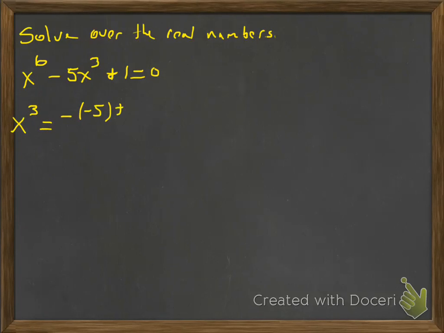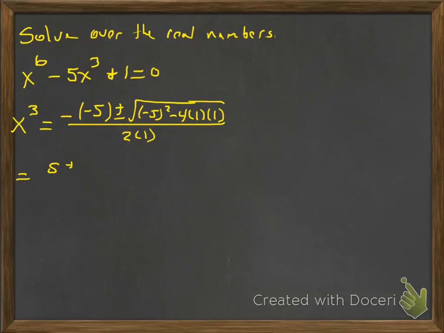-5 plus or minus the square root of -5 squared minus 4 times 1 times 1, all over 2 times 1. All right, so that's going to be equal to 5 plus or minus the square root of 25 minus 4, all over 2. I'm sorry, I can't multiply, so that should be a 2, excuse me.